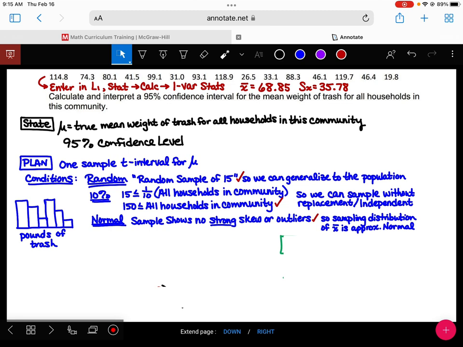My sketch kind of looked like this. It looked like these stair steps. Does it show a strong skew? No. The graph yesterday, if you look back at yesterday's lesson, showed a strong skew. It was really high, and then it drug out to the side. This one does not show a strong skew, doesn't show any big outliers.